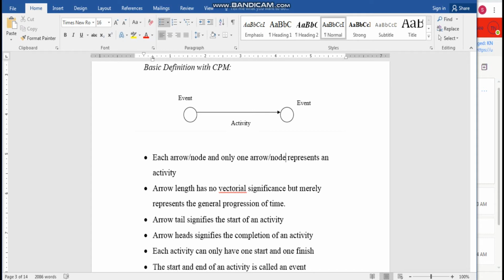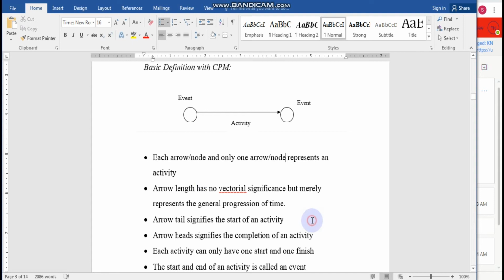No, so the arrow tail in AOA will actually signify the start of the activity, and the arrow head will be the completion of the activity. This is different when it comes to AON, because in AON, the arrow head itself will be the starting of that particular activity, and the arrow end will be the end of the activity.